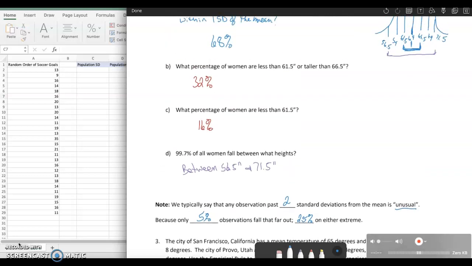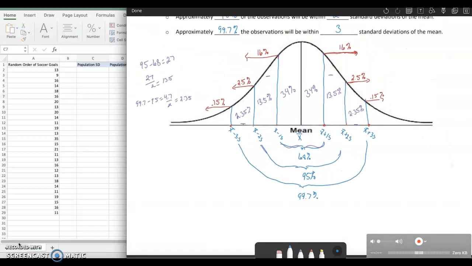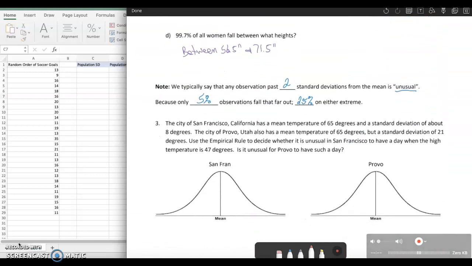So again, going back to our master image here, anything past 2 standard deviations out, anything out this direction, or anything that falls back here, would be considered, quote, unusual. So again, only 5% fall that far out.